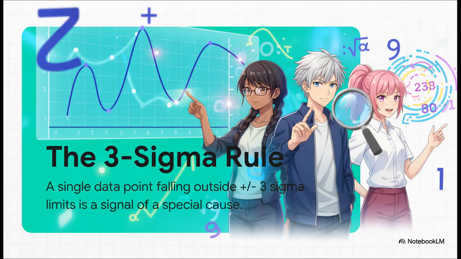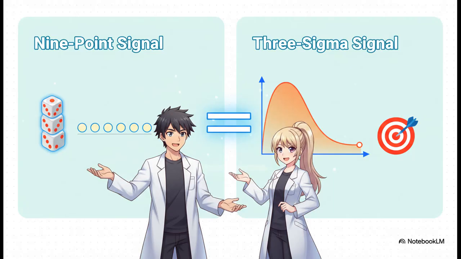The idea that if a single data point falls way, way out there, beyond 3 standard deviations from the average, that's it. That's a definitive signal that something special, something not random, is going on. And here it is, the big reveal. The probability of a false alarm from our 9-point rule is about 0.0039.